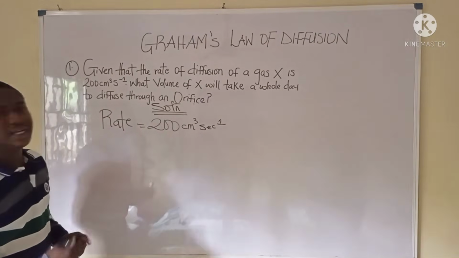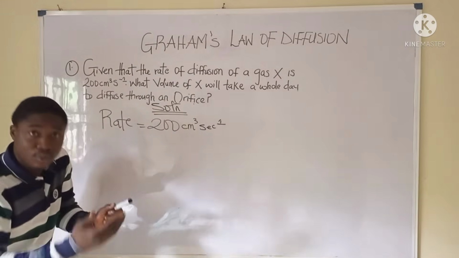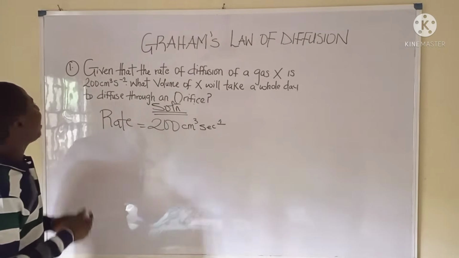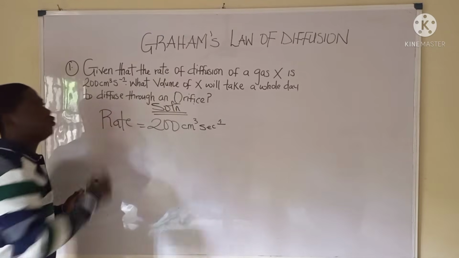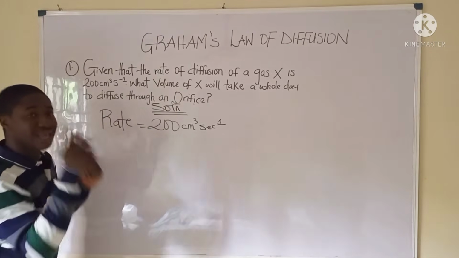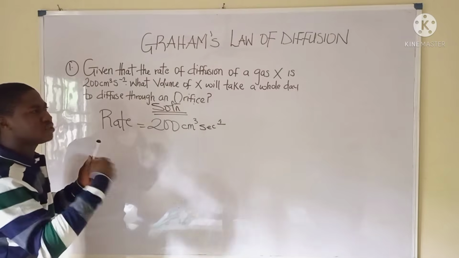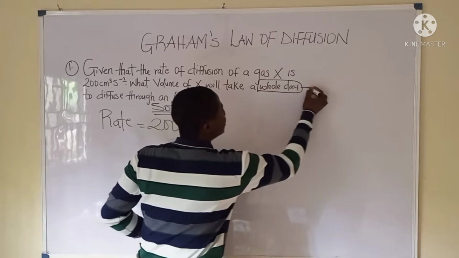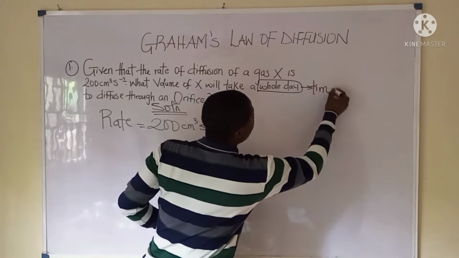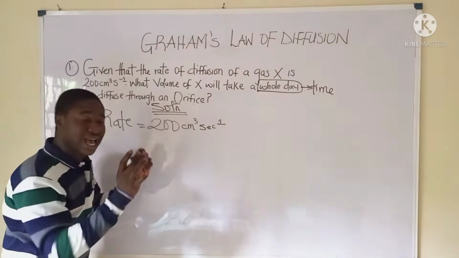The rate is already given to be 200 cm³ per second, and they are asking us to determine the volume of the gas X that will take a whole day. So this whole day here talks about the time.